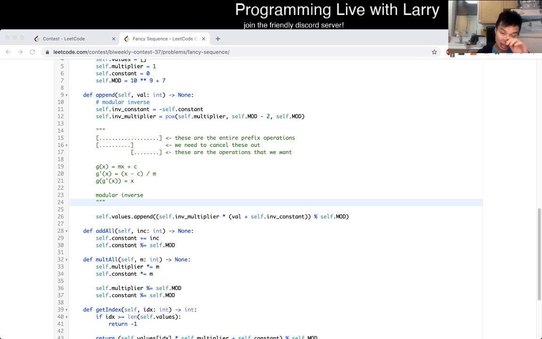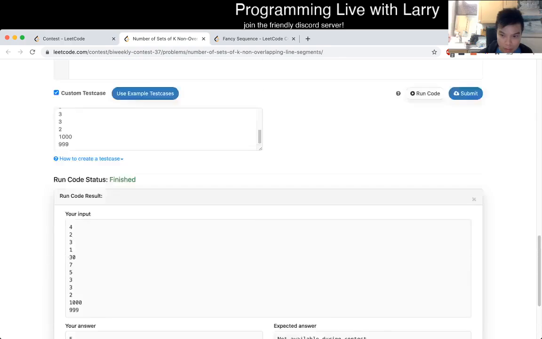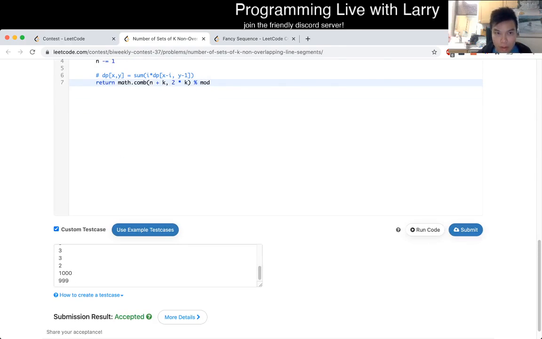I just didn't think that Leetcode problems were on that level. If you were in an interview, you probably wouldn't need modular inverse, which is why it feels a little weird. I thought about it, but I dismissed it for that reason. Turns out I was wrong. So anyway, check it out.